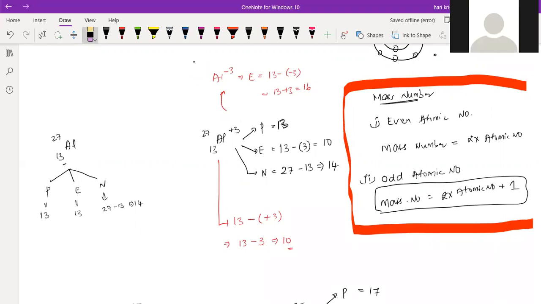Sir, because the third shell will hold 18, sir. So should we see for 8, where it will lose for 1 to 4 and gain for 5 to 8? Yeah. So the elements near to argon will lose the electrons.